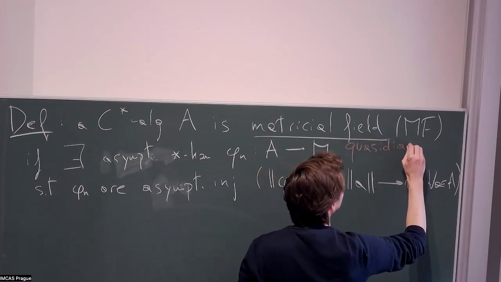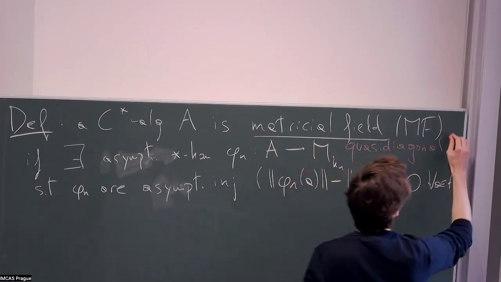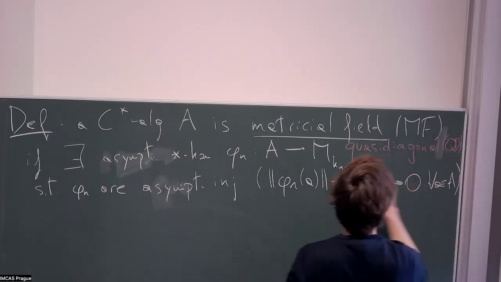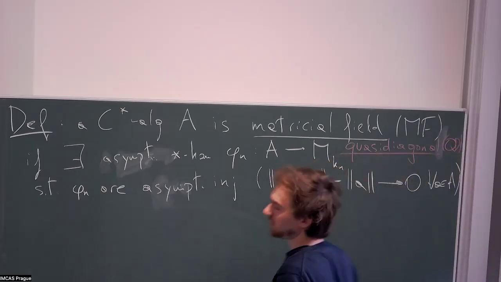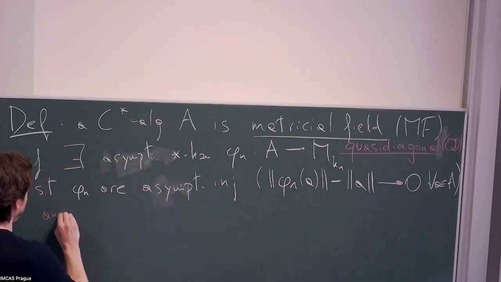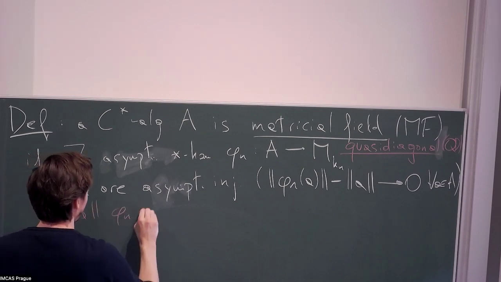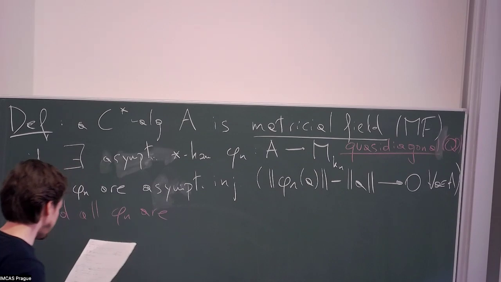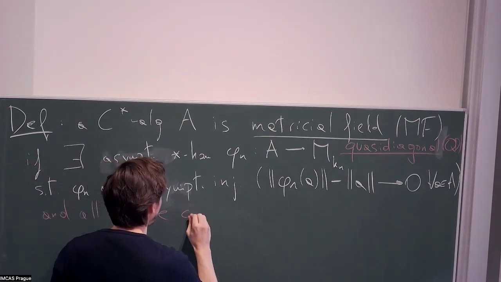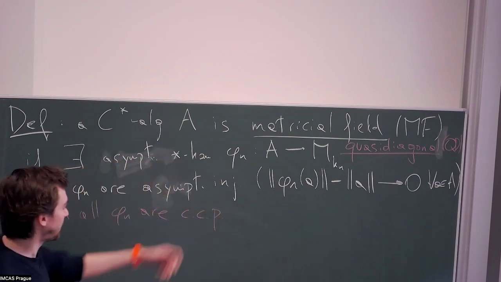Now quasi-diagonal C-star algebras, which we will denote with QD, is if this is true and all phi_n are completely positive and contractive.